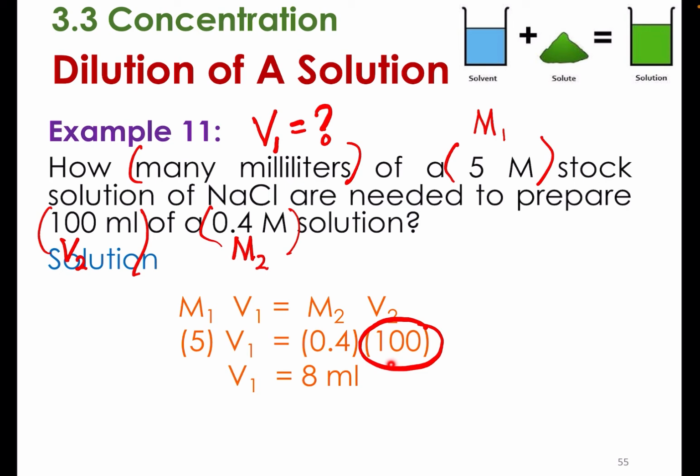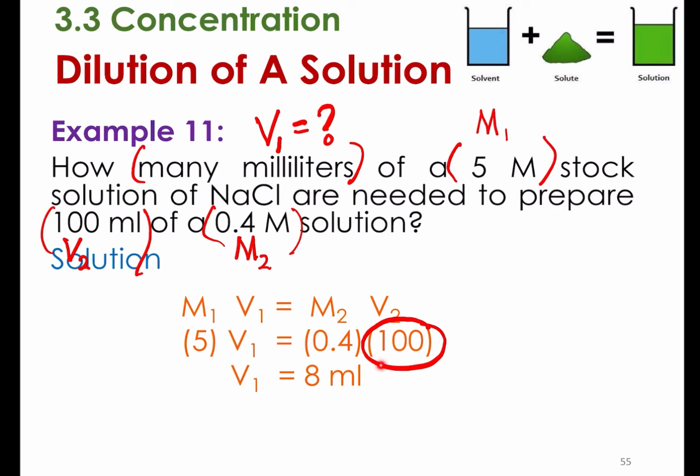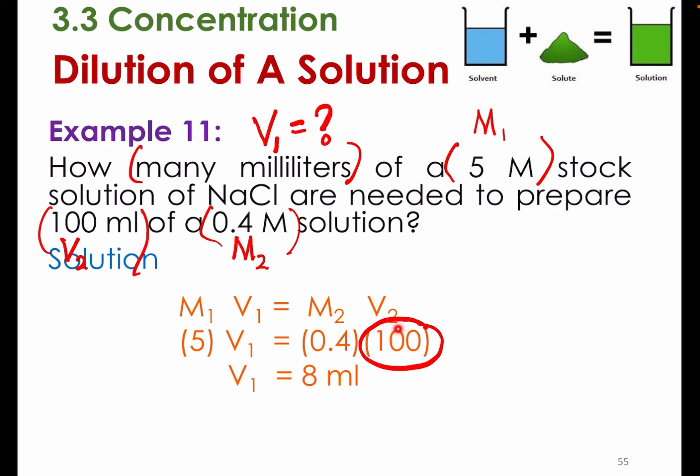So one tip that you have to know, when you want to calculate the dilution, you can use ml or liter, but make sure the V1 and V2 must be in the same unit. Awak tak boleh guna V1 dalam liter, V2 dalam ml. No, it cannot be like that. Or if you don't want to be confused, awak boleh gunakan dalam liter straight away, sebab ini adalah formula molarity. So you can convert 100 milliliter into liter, and of course, the final answer you will get is in liter.